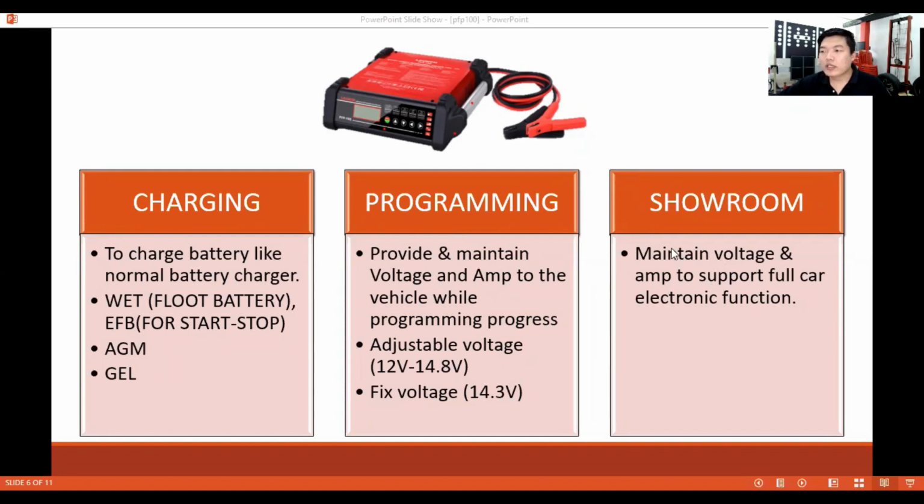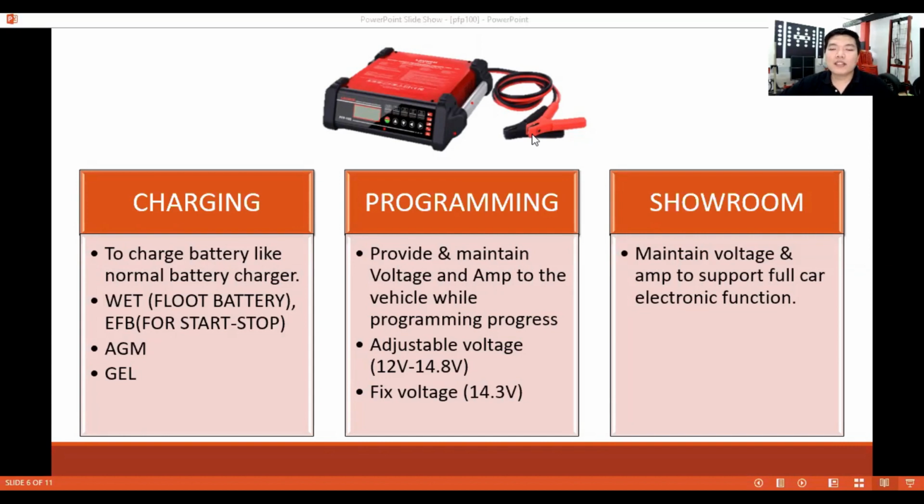The last one is the showroom. Most showrooms, like the BMW and Mercedes showrooms nowadays, have this item to maintain the car battery. Why is it very important?